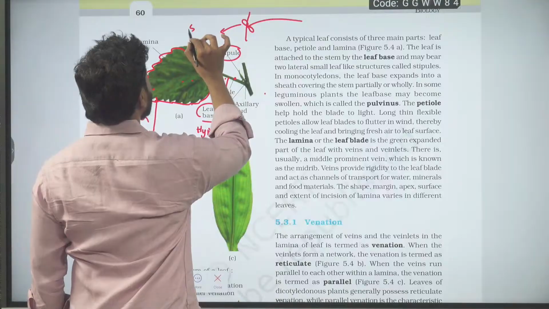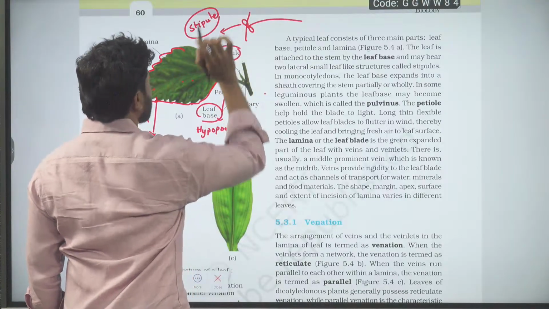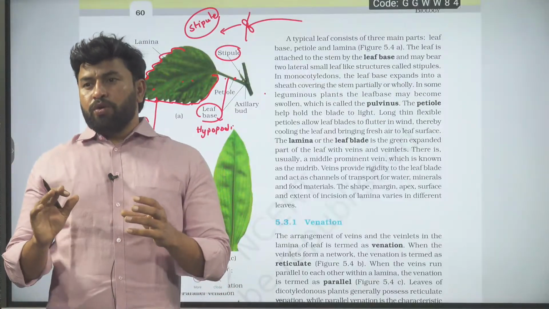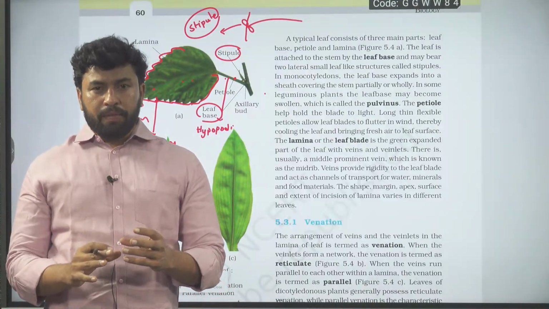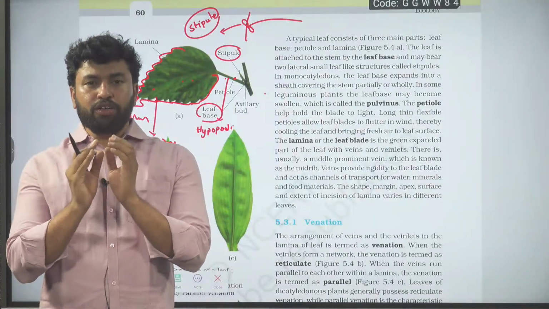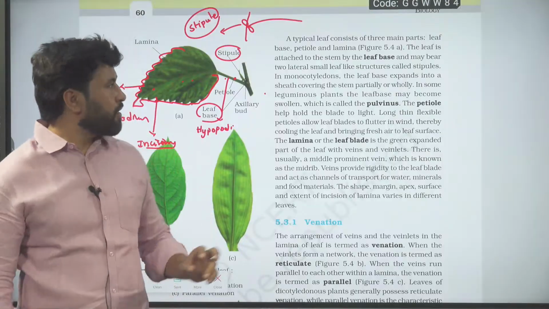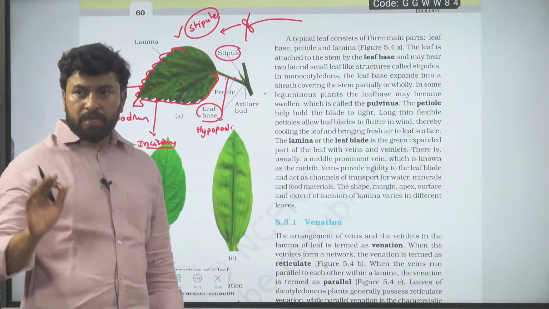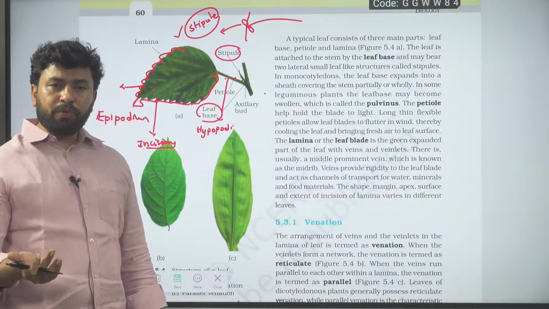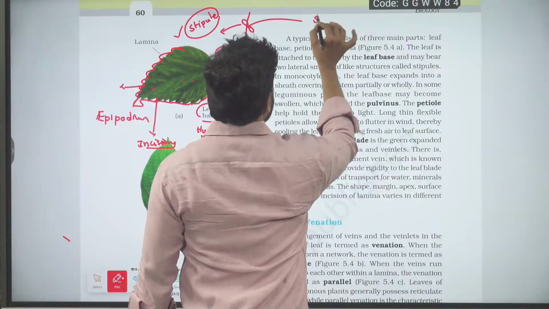Stipules have various advantages. What is the main use of stipules? While the leaf is developing from the node, the stipules protect the leaf bud. I mean, the primordial leaf gets protected with the help of stipules. If the plant maintains those stipules for a longer time, they are called stipulated leaves.